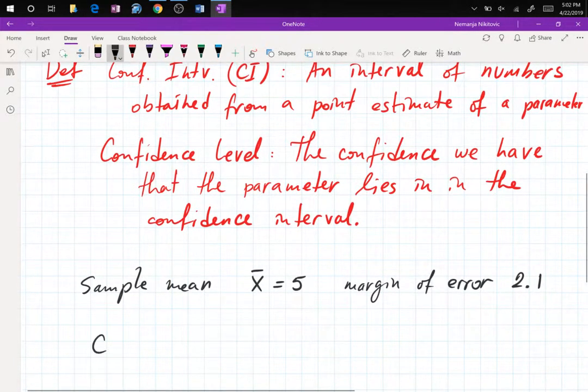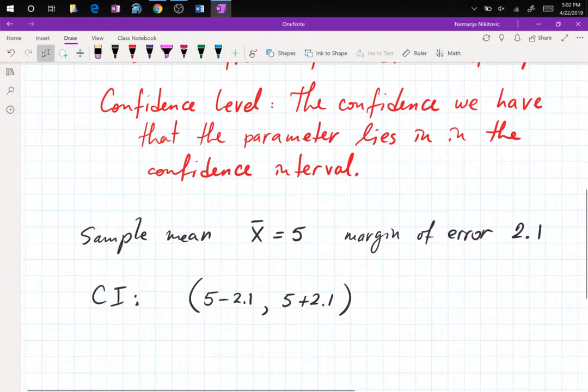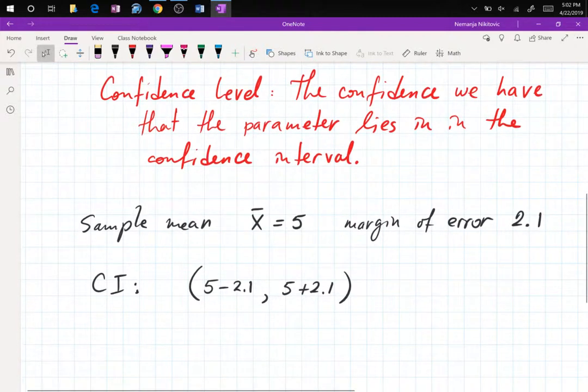So your confidence interval in this case would be 5 minus 2.1 to 5 plus 2.1, and we put that in parentheses because it's an interval from A to B, like an interval of time from 1 p.m. to 3 p.m. That's an interval of 2 hours, right? So both of these are x values, for a total of 2.9 to 7.1.